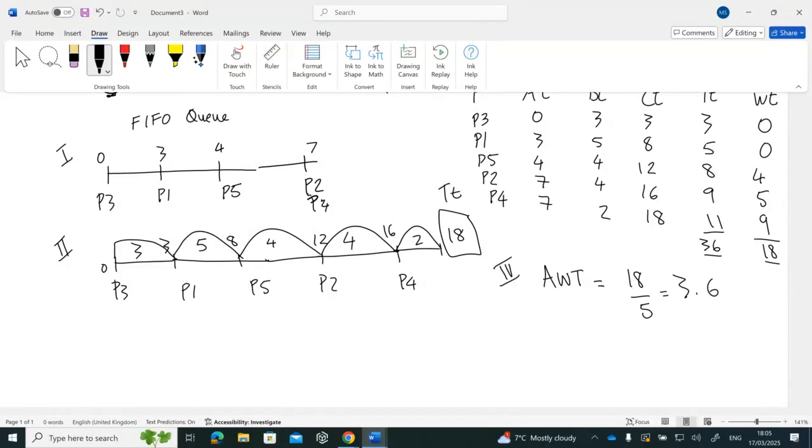And what was the other one? Average turnaround time. No, we're doing the average turnaround time. 36 divided by 5 is 7.2.